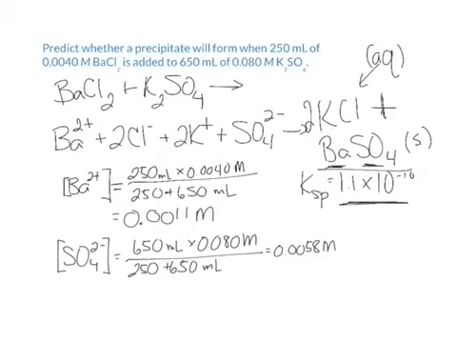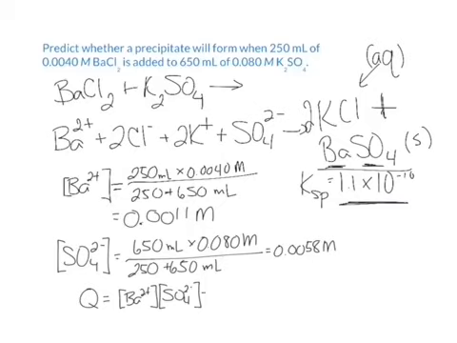Remember, our reaction quotient here will just be the concentration of barium times the concentration of the sulfate ion. Because they're in a 1-to-1 ratio, we don't have to raise either concentration to any exponent.